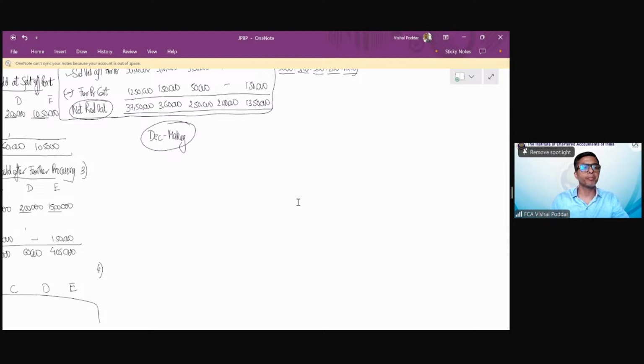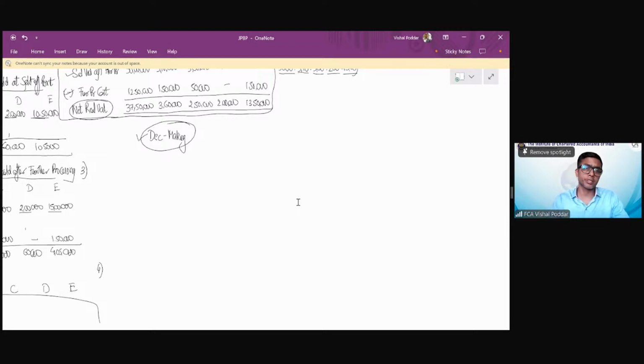They don't want you to find out profits. They simply say, suggest a suitable plan. Or they will simply ask directly whether this particular product should be further processed or sold at split off point. It means they are directly asking for the fourth part. In this case, the question will carry hardly 4 marks instead of 8 to 10 marks, what normally we get for all the four parts.